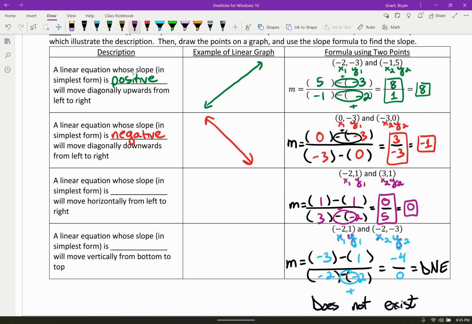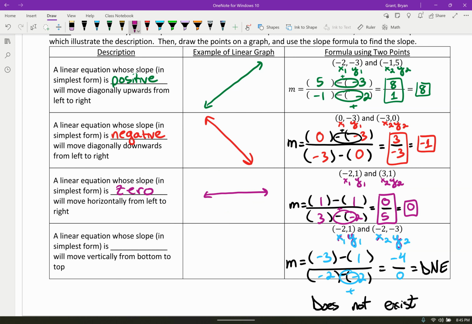And hopefully you're thinking, oh, a slope of 0 is horizontal, it is flat. Don't say it's straight, all these lines are straight. Yeah, it's true though that a linear equation whose slope is 0 will move horizontally from left to right. It doesn't have any steepness.